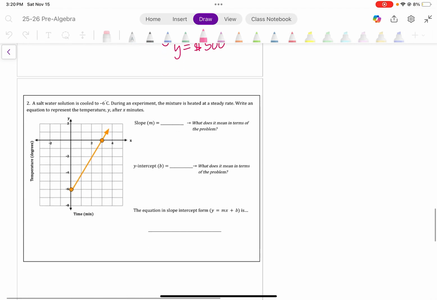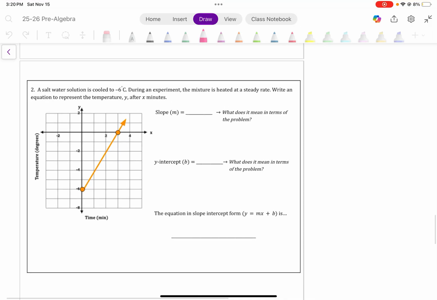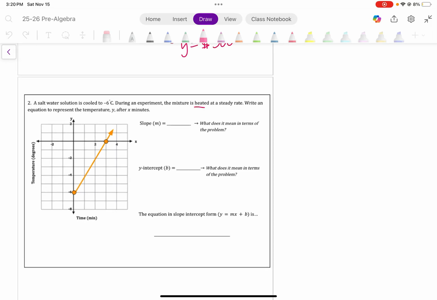All right, in this last example, we are looking at what looks like a science project. So a saltwater solution is cooled to -6 degrees Celsius. During an experiment, the mixture is heated at a steady rate. Write an equation to represent the temperature y after x minutes.